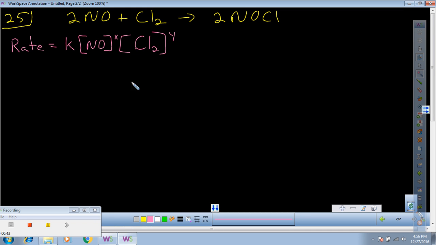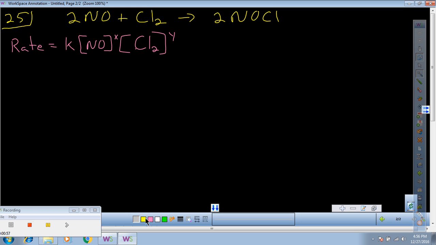Now, when I look at my experiments, I'm given 3 experiments, and I want to use 2 experiments where one reactant is constant and the other changes.